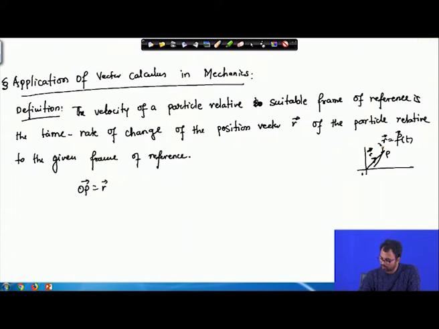So, let us say the increment here is r plus delta r for any time delta t. So, this position vector is, let us say Q, r plus delta r.